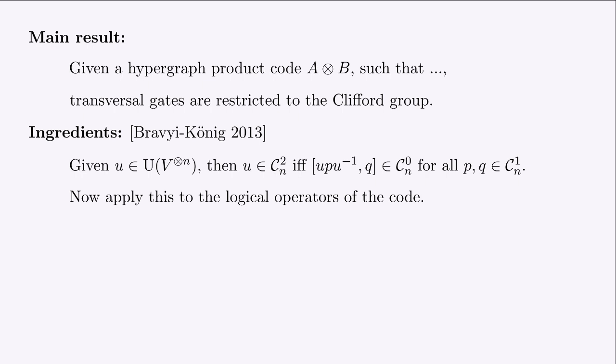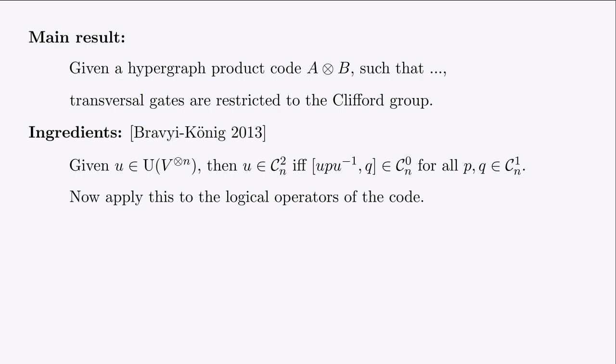And the idea is we're going to apply this to the encoded subsystem in the code and the corresponding logical operators of the code. So what's going to happen is that the P and the Q here are going to be logical operators of our code, and we have some freedom in choosing those. We need them to apply to all encoded logical operators.